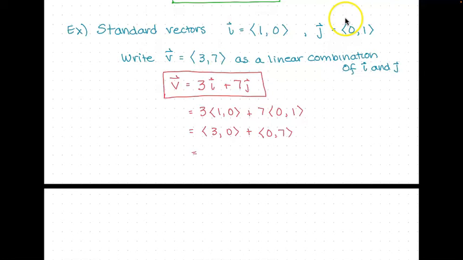And then when you add the corresponding components, you get 3, 7, which is what I told you vector v is. So that's why it works. So another way of notating the horizontal and vertical components is just as a linear combination of i and j. And then it's nice because when you're combining vectors, it's like combining like terms. So, any questions about that?